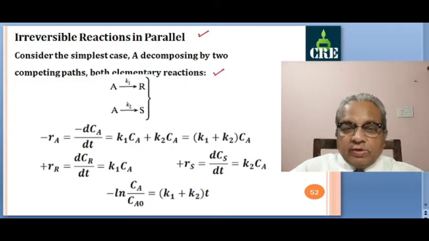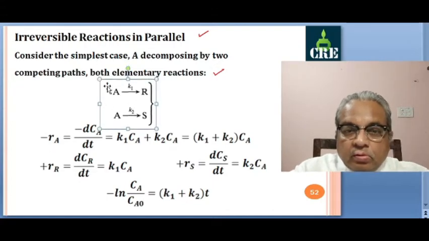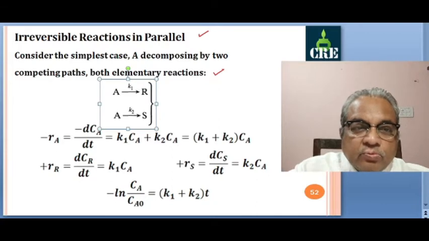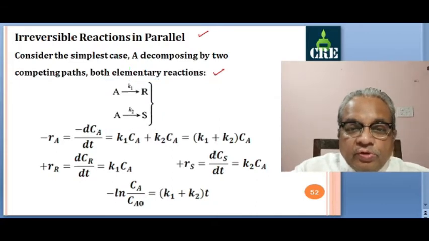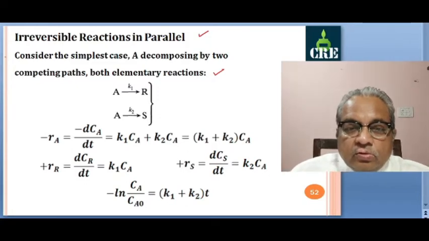So elementary reactions means these reactions have direct correspondence with the stoichiometry. So A gives R with the rate constant K1. At the same time, A is giving you S with rate constant K2.